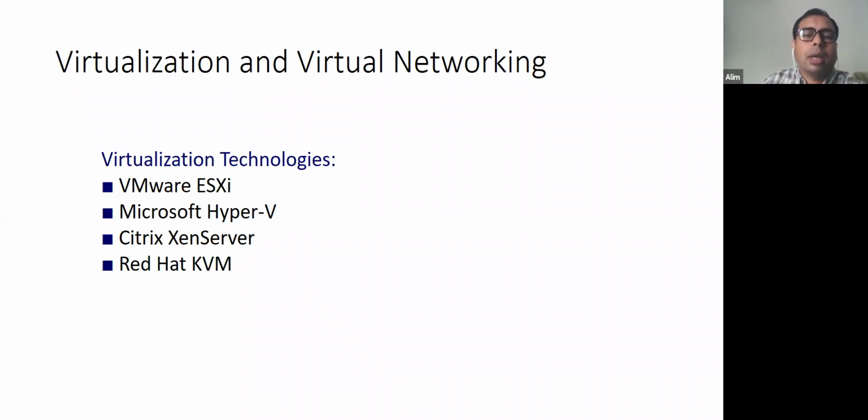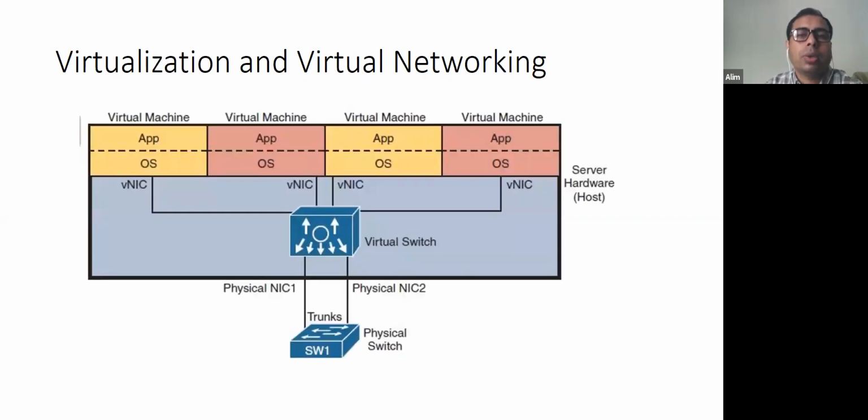These are popular virtualization technologies. There are other virtualization technologies that can be used by different cloud providers. Say VMware can be used in different clouds, or different cloud providers may have their own virtualization technology. It is called hypervisor technology.